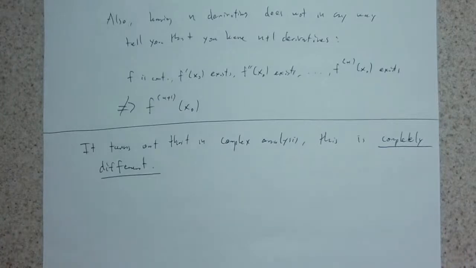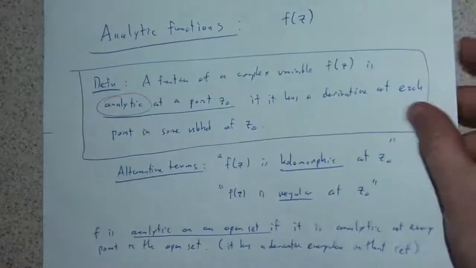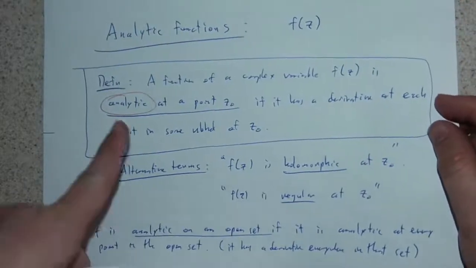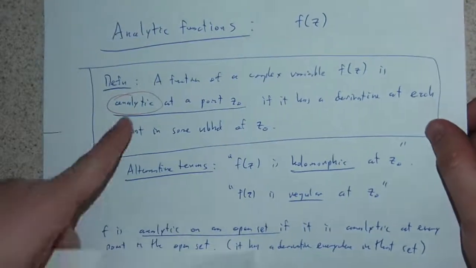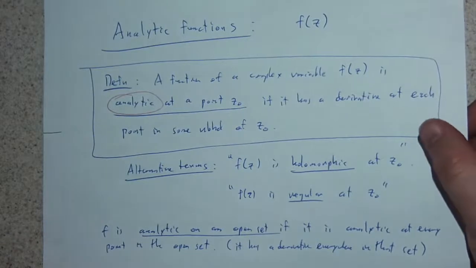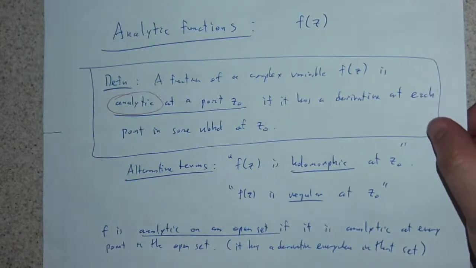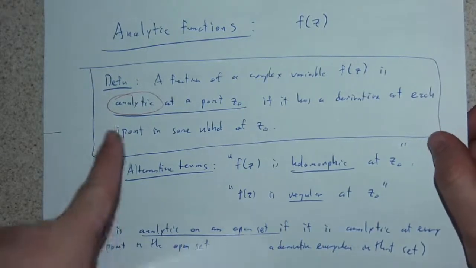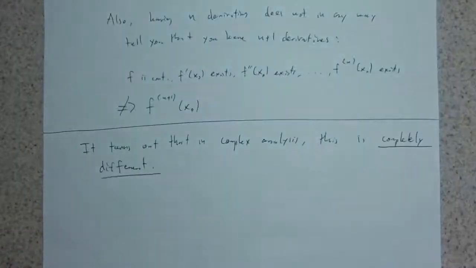In our beginning definition of what it means for a function of a complex variable to be analytic, we didn't use this word randomly, even though we haven't referred to power series here yet. This word is used in the exact same way that it's used for real analysis.